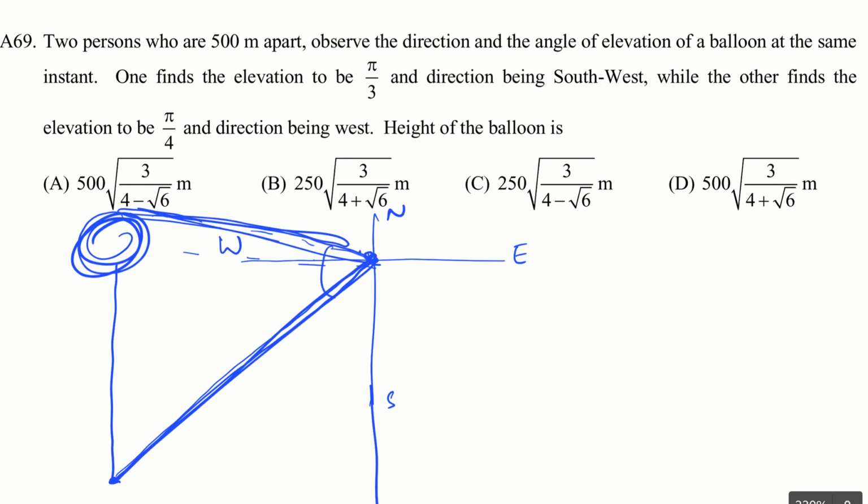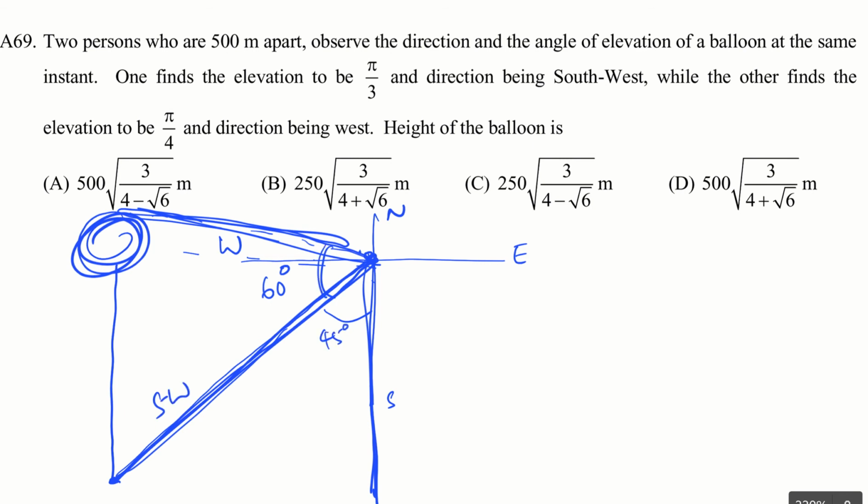Okay, so he saw the balloon at an elevation of 60 degrees. Okay, southwest direction he said. Therefore, as I said, this is on the ground, this line is also, so this is southwest direction. Therefore this angle will be 45 degrees on the ground.